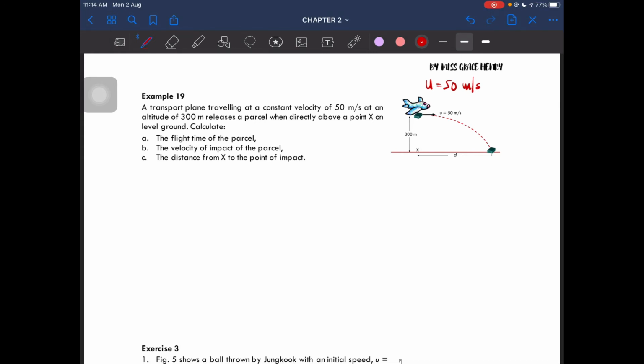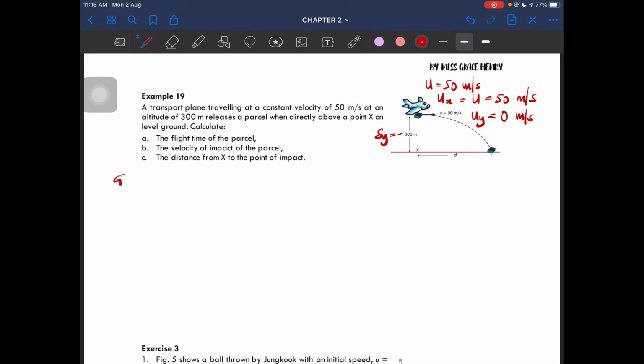Okay, so in that case, we know that the ux, which is the horizontal component, is equal to 50 meter per second, whereas uy is equal to 0 meter per second. See, there's no u in the vertical here. If this were 90 degree, it means it is zero. Okay, so the vertical displacement given is negative 300. Why negative? Because they are going downwards.